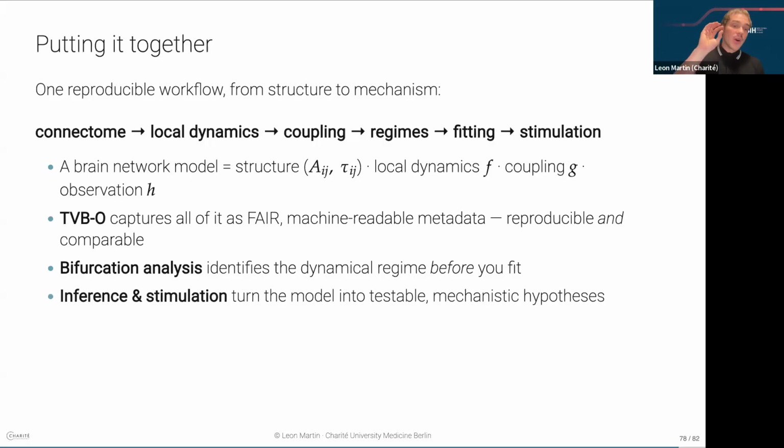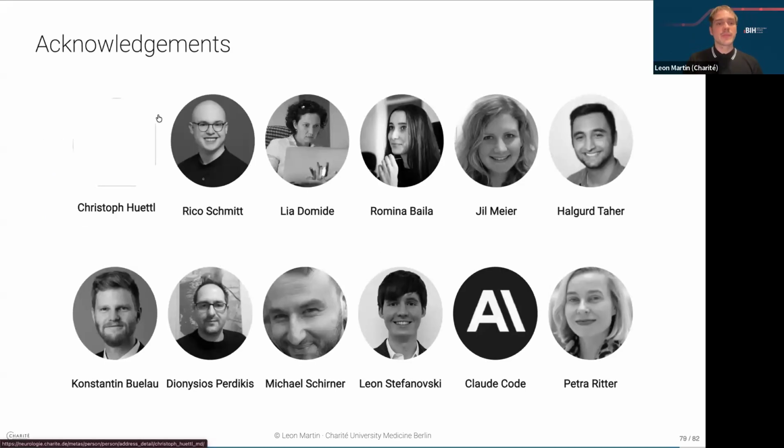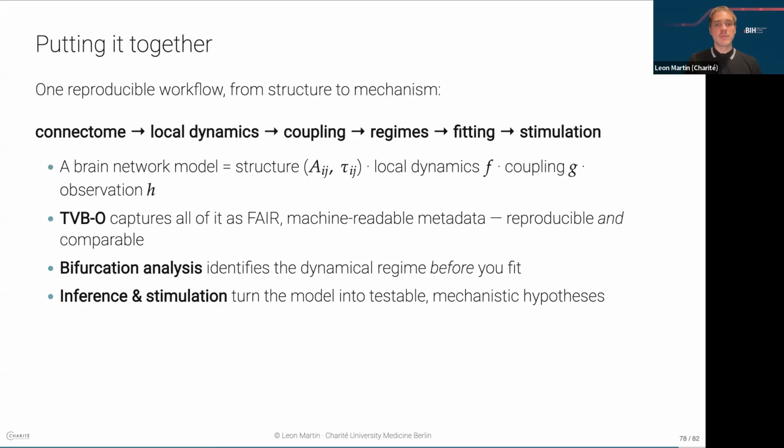We can also stimulate the brain and turn the model into a mechanistic hypothesis. And with this, we have many clinical applications that can show the use case and also fundamental basic properties of brain dynamics and cognition.